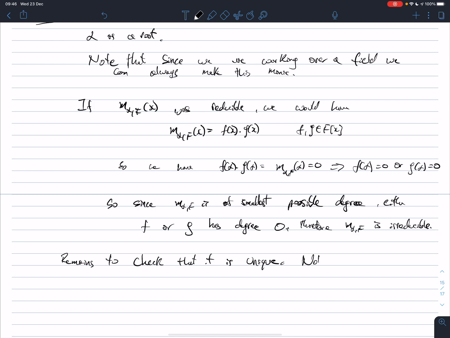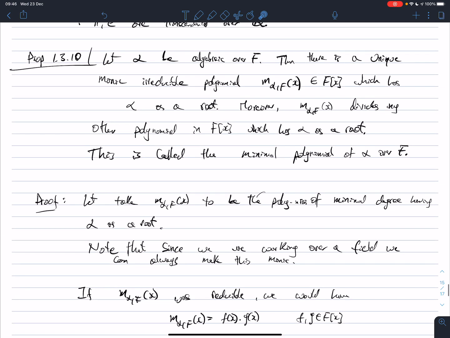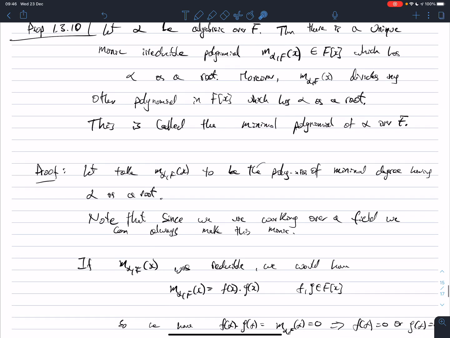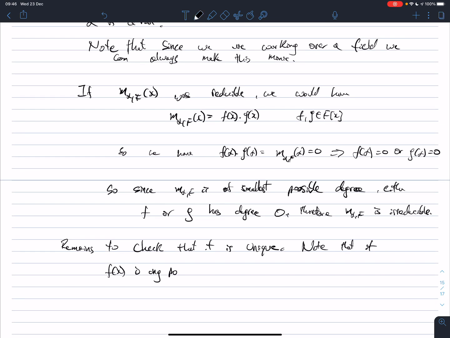Okay, I had a claim. There was one more claim that I stated in my theorem, which was that moreover m of alpha divides any other polynomial in f of x which has alpha as a root. I'm going to just prove this, and from this we'll get the uniqueness.